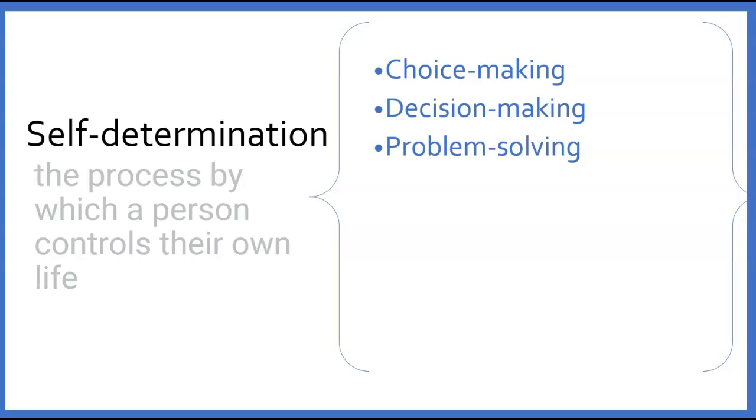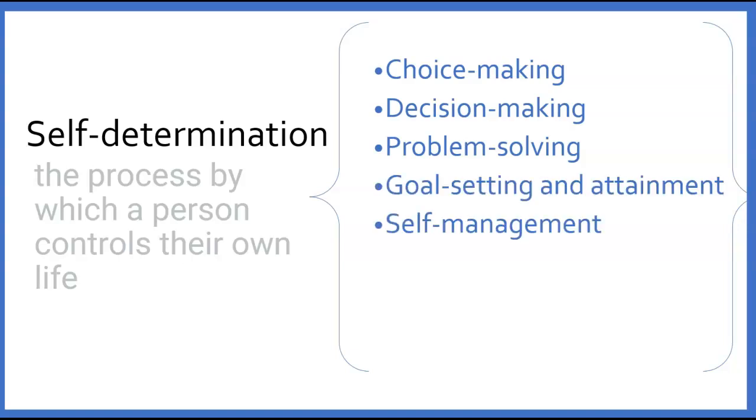Problem solving, goal setting and attainment, being able to self-manage, self-reflect, self-evaluate, and of course self-advocating for your needs. And all of this really is going to boil down to self-awareness.